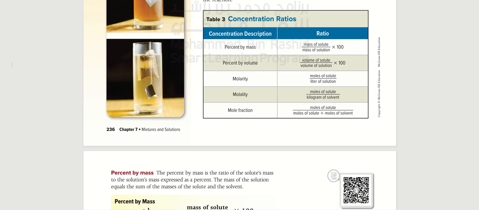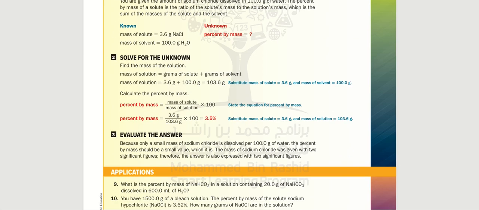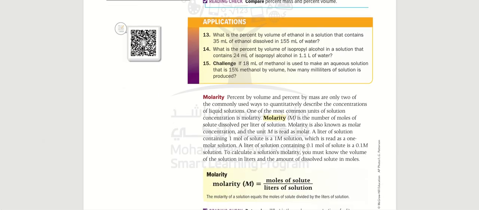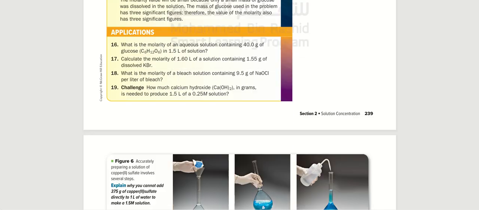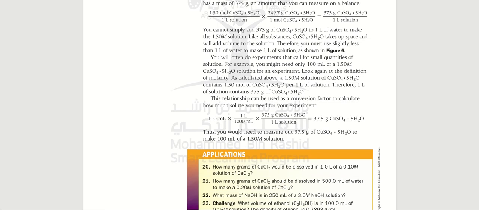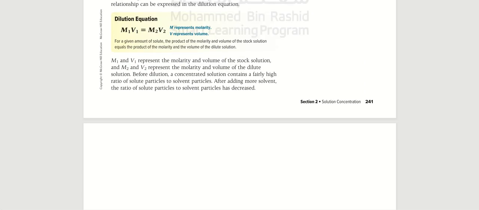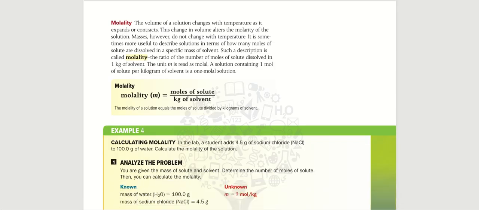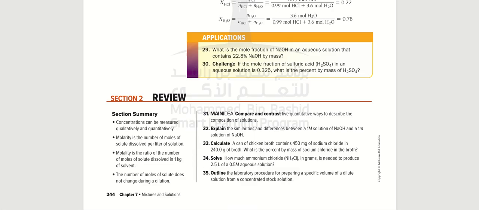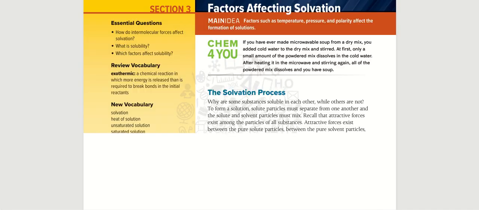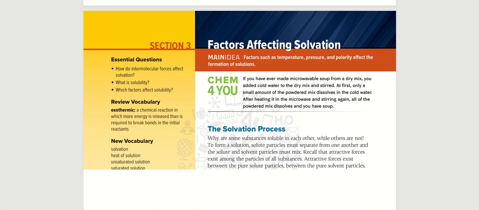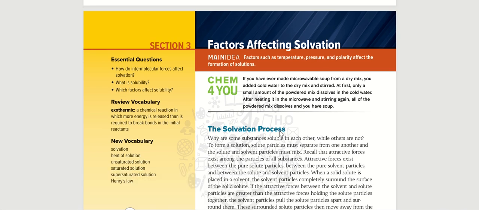I'm going to explain each one and take one example from each one. By doing this, we're going to reach the last lesson, inshallah. Where's the last lesson? This one, factors affecting solvation. So let's, inshallah, go and start to answer this question.